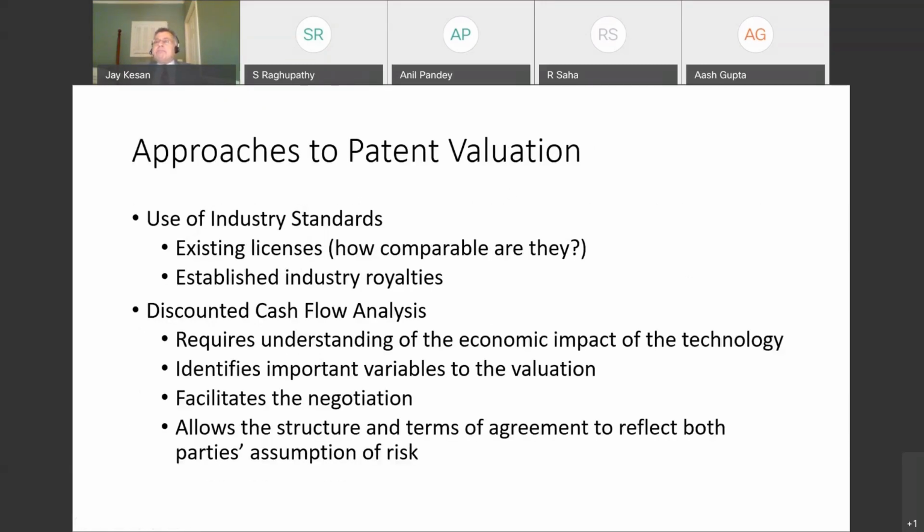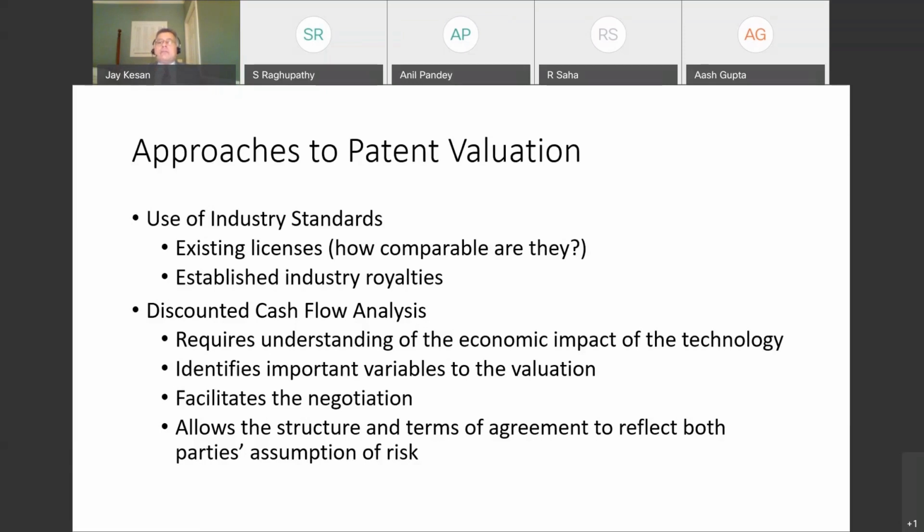So what are the big approaches to patent valuation? The most commonly used one is using industry standards. You simply try to ask yourself, this particular patent covering this type of technology is similar to other patents covering similar technologies, and what are the kinds of licenses that have already been obtained for these things?